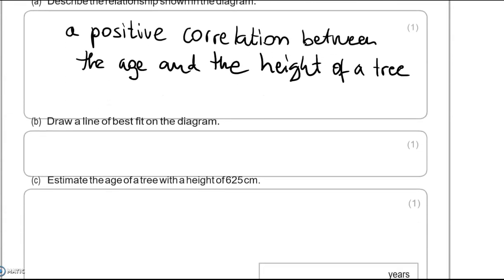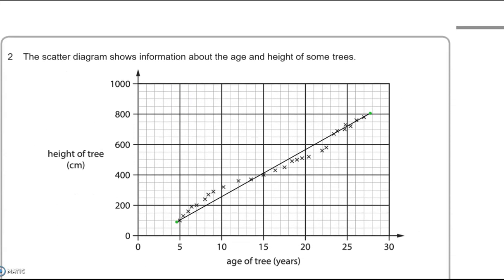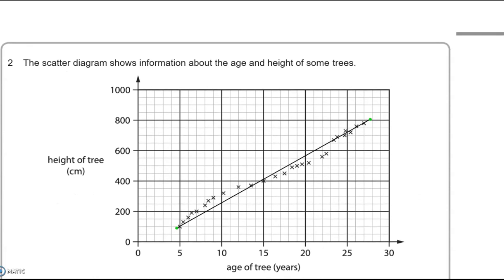Part C, estimate the age of a tree with a height of 625 centimeters. So 625, 700 would be here, 650 here, so somewhere there.